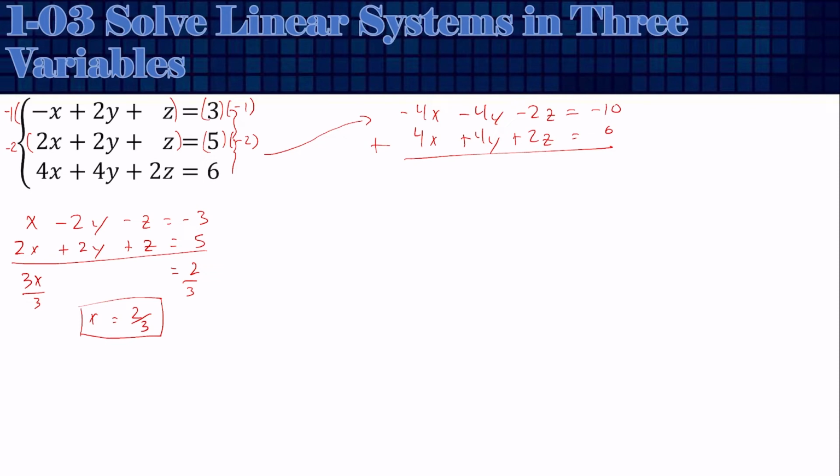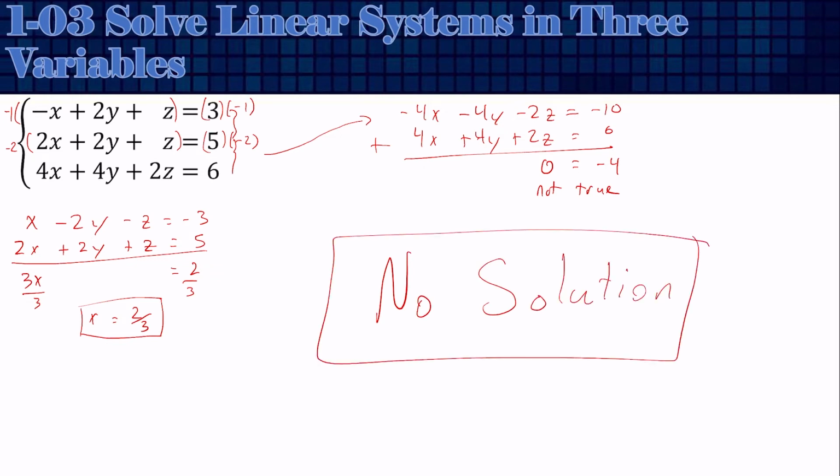Negative 4x plus 4x is 0. Negative 4y plus 4y is 0. Negative 2z plus 2z is 0. And negative 4. So there, you see all the variables disappeared. But that is not true. So if that is not true, it is no solution. We're done.